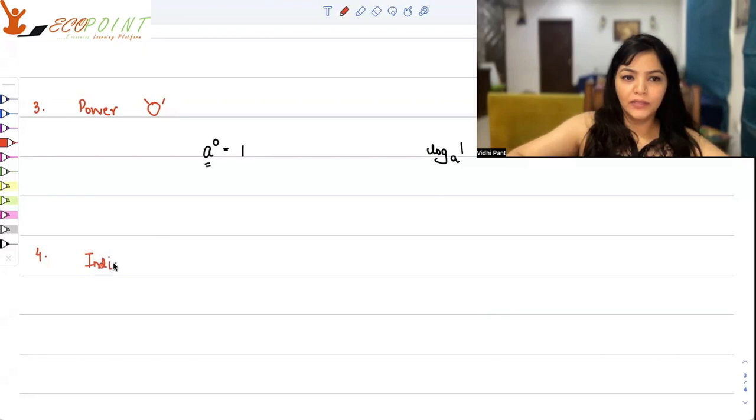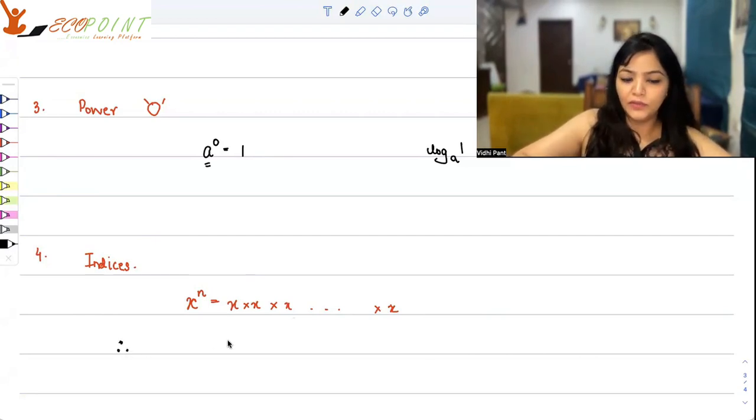Next, let's talk about indices here. Suppose we have x to the power n. Now we know that x to the power n is equal to x multiplied by x multiplied by x, so on and so forth, and you're multiplying by x again, n number of times, right? So that's what is x to the power n.